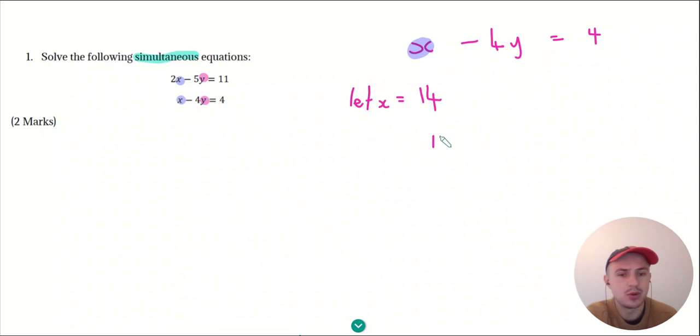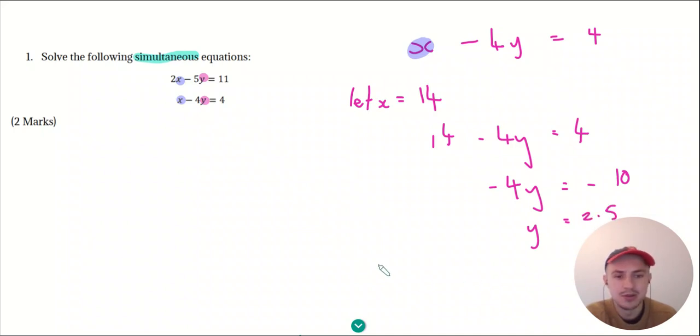But would that mean that y equals? How would you solve this? Subtract 14 from both sides, minus 4y equals minus 10. Divide both sides by negative 4, y equals negative 10 over negative 4, positive 2.5.